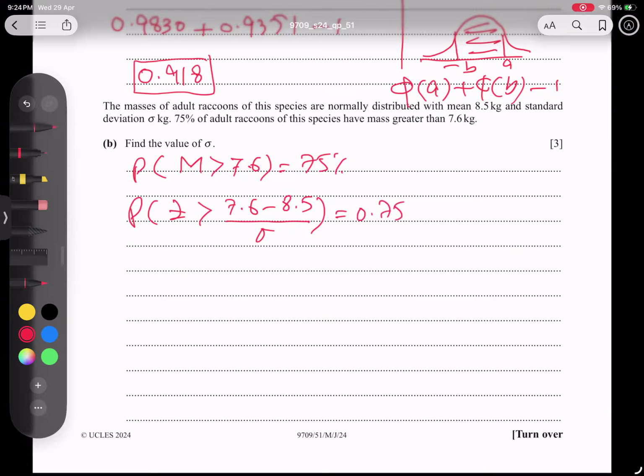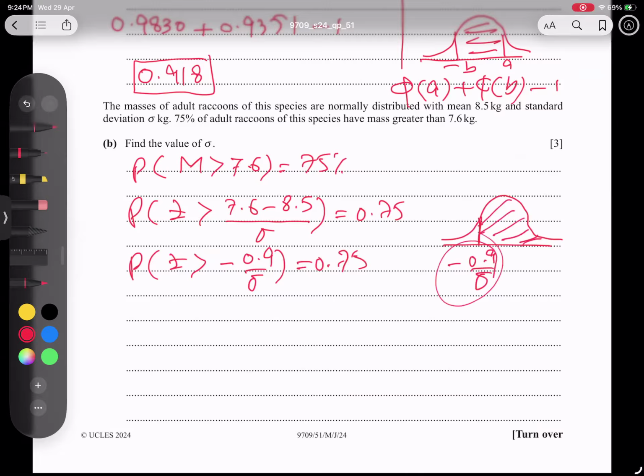Now, this becomes 7.6 minus 8.5, and we get negative 0.9 over sigma. As this value, students, is negative, have a look, please. Right side positive and left side negative. So I'll take the left side negative here, and negative 0.9 over sigma is the more-than area.